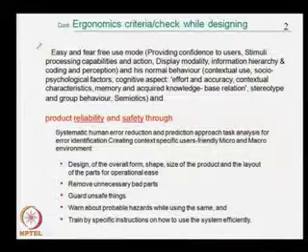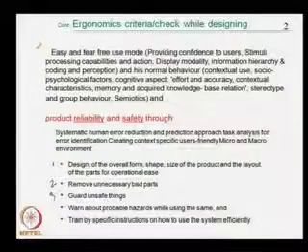First is the design of the overall form, shape, size of the product and the layout of the parts for operational easiness. Number 2 is to remove unnecessary bad parts. If there are some bad or unnecessary parts, gradually remove them without altering the intended function.